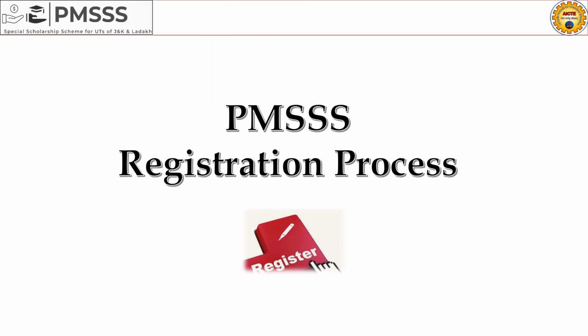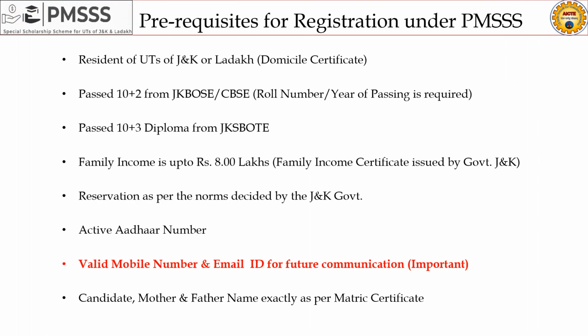PMSSS registration process. The prerequisites for registration under PMSSS are: the candidate should be a resident of UTs of Jammu and Kashmir or Ladakh. The supporting document for which is a domicile certificate.